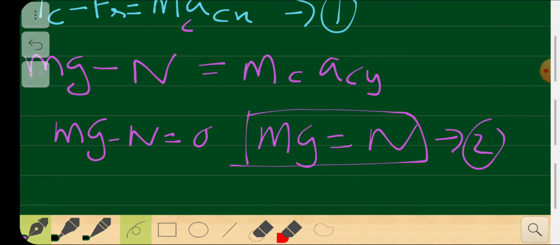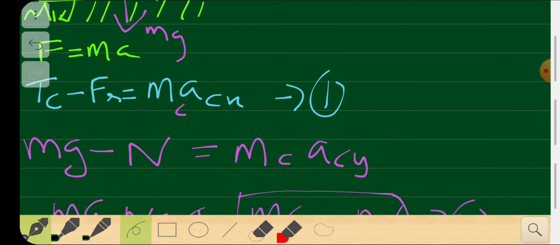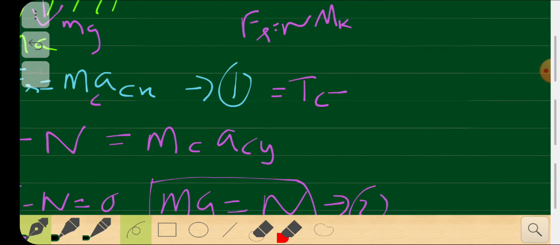Now what I can do is substitute the value of n in equation 1. Where is n in equation 1? So you can see Tc minus the frictional force, and friction will be the normal force times the frictional coefficient mu k. So that will be the friction force.